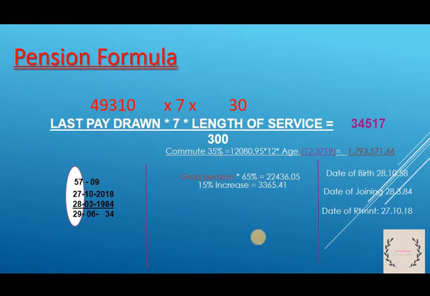Now add both the amounts to further calculate 7.5% increase, which was allowed in 2015 probably, and it is 1935.11. Add with the previous and the likewise.